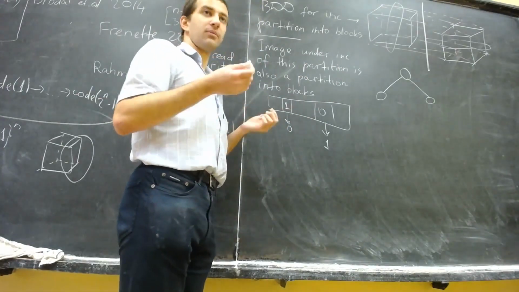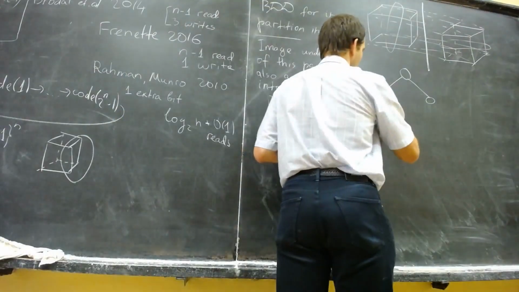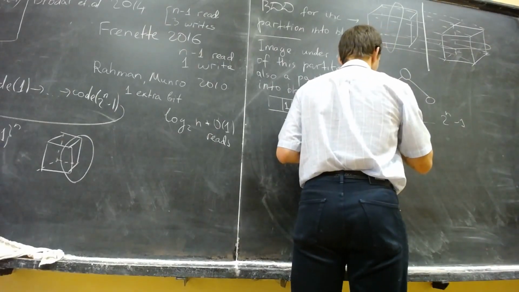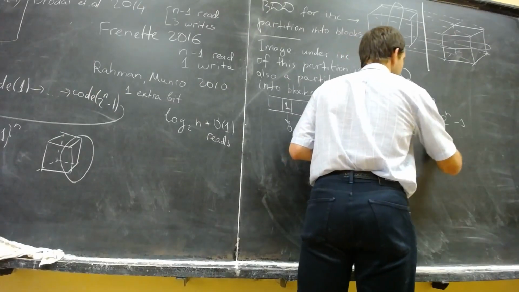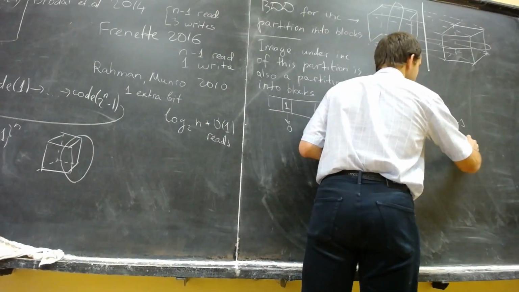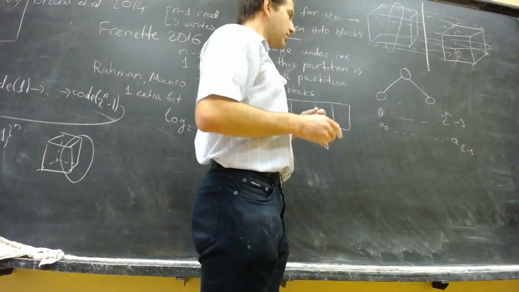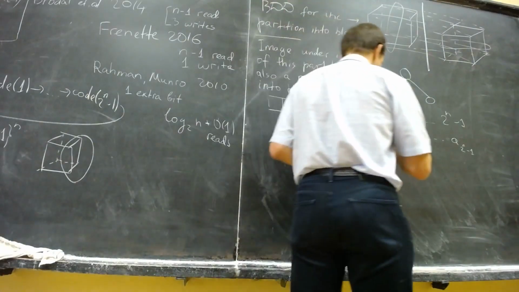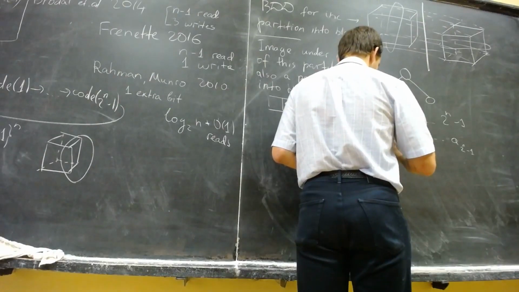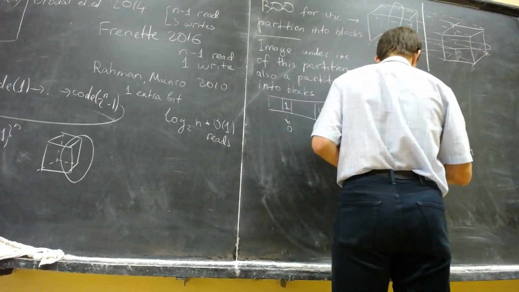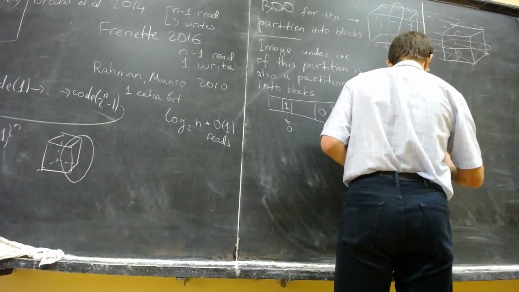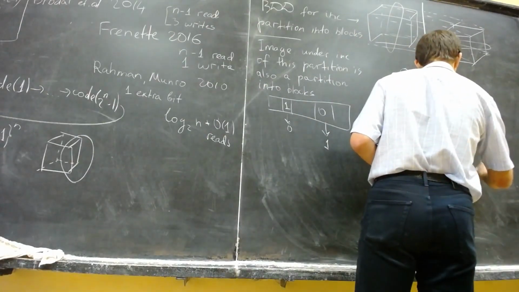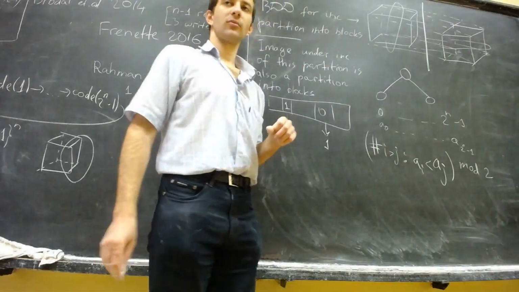If I have a permutation A from 1 to n, the parity of the permutation is just the number of pairs i smaller than j with A_i larger than A_j, modulo 2.